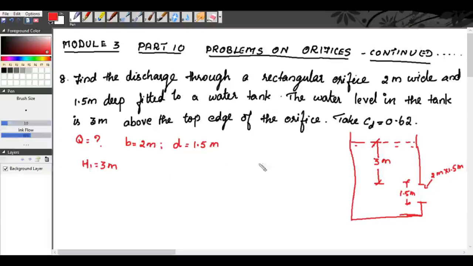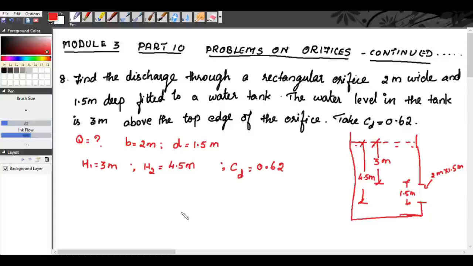Up to the bottom edge, it is 3 plus 1.5, that is 4.5 meter, so from the bottom edge of the orifice, H2 is taken as 4.5 meter. CD, the coefficient of discharge, is 0.62.